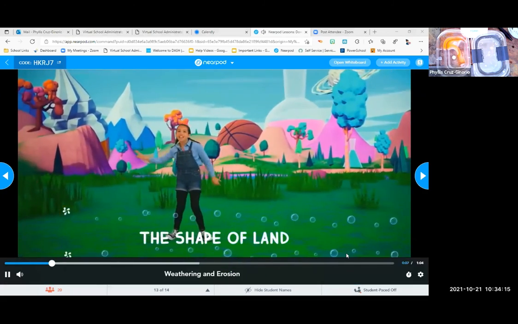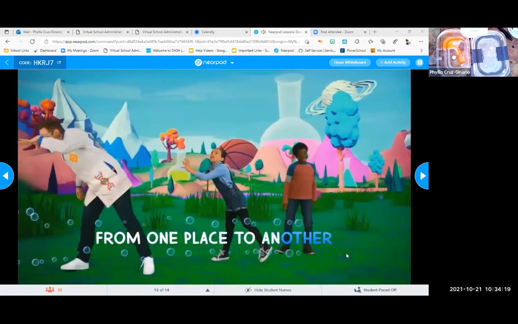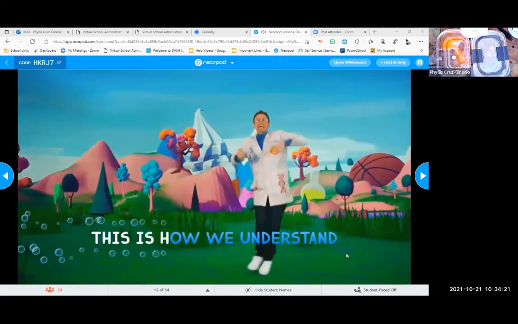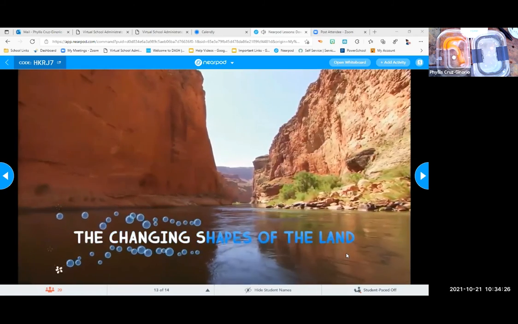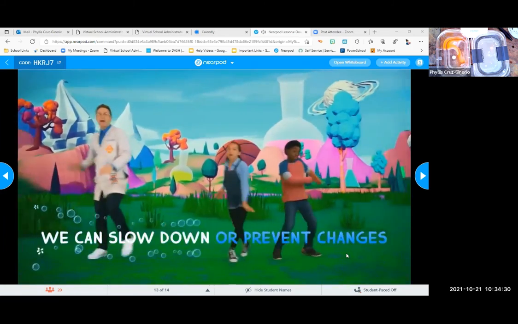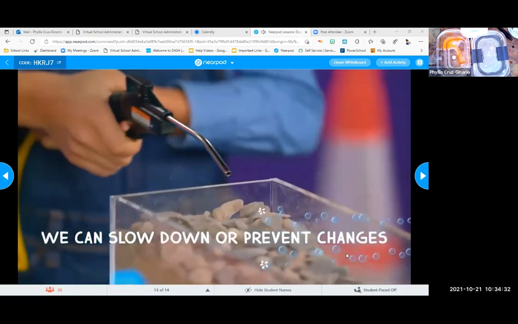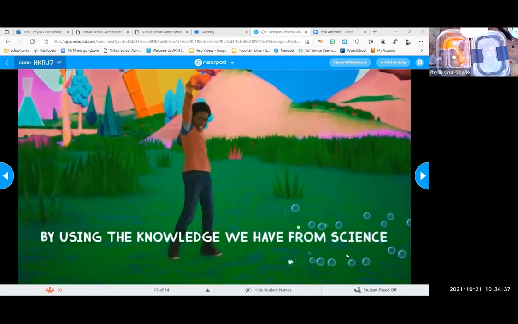Shape of land by moving pieces of the earth from one place to another. This is how we understand the changing shapes of the land. We can slow down or prevent changes by using the knowledge we have from science.